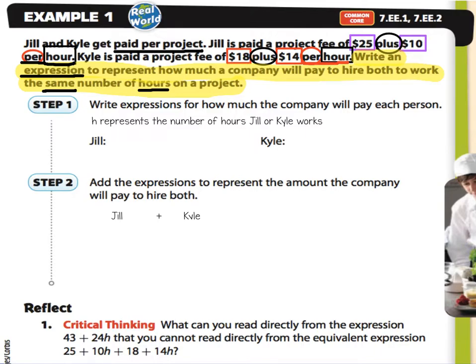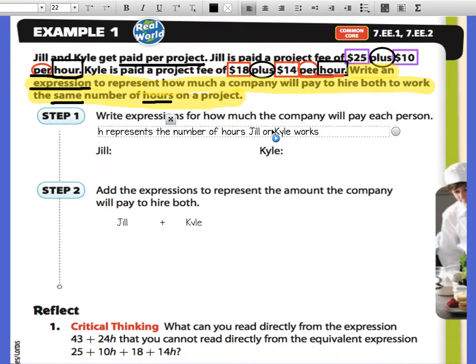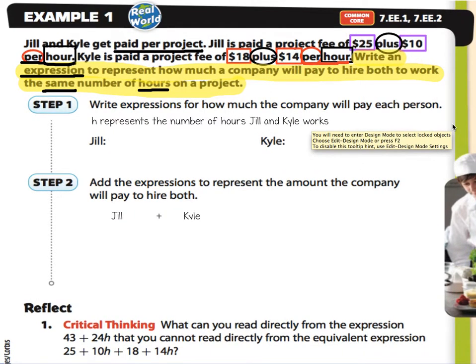If Jill works 4 hours, then Kyle works 4 hours. Because of that, H can be the single variable. If Jill worked 4 and Kyle worked 5, we would have to use 2 different variables, so we could put in 2 different numbers.